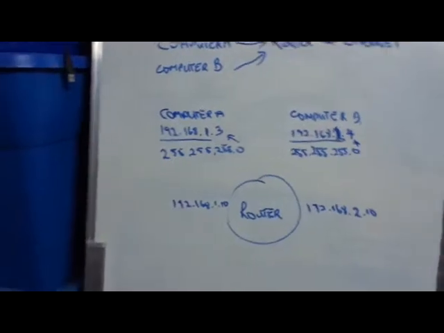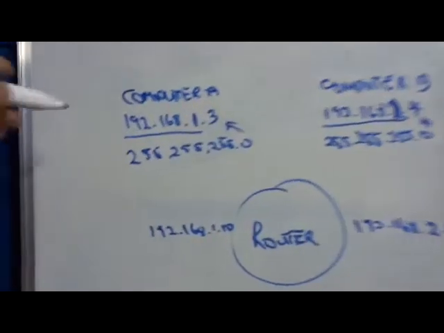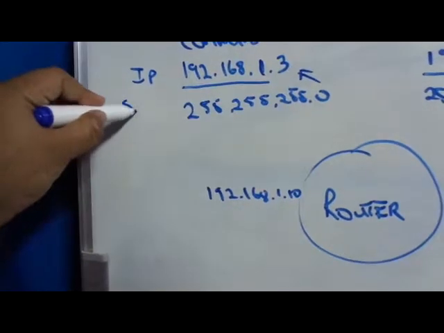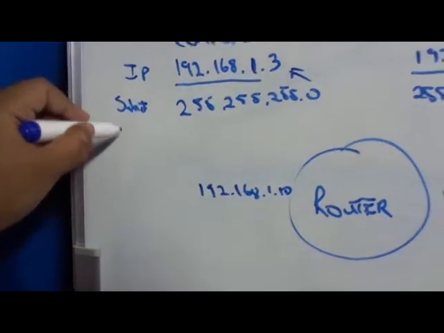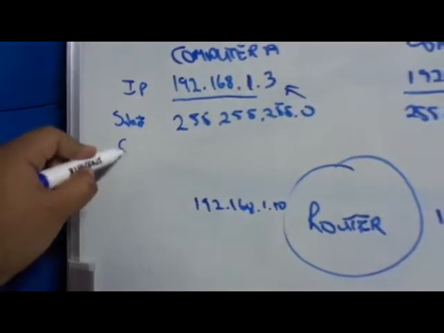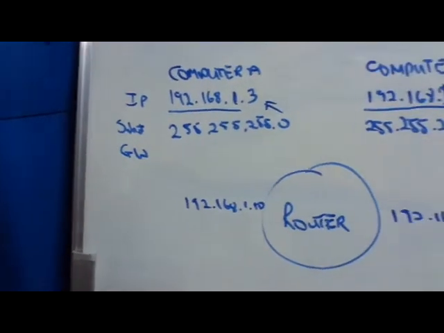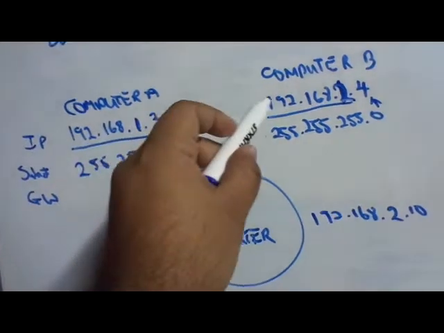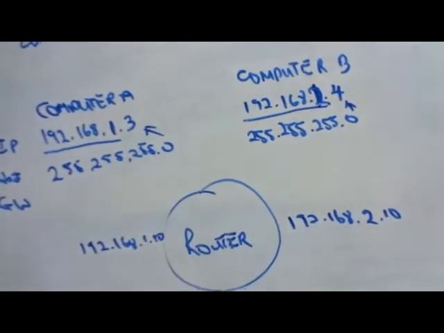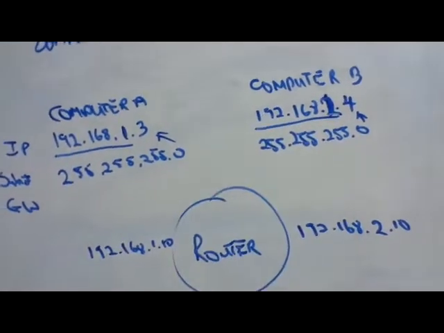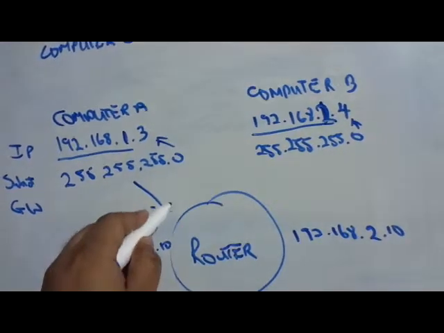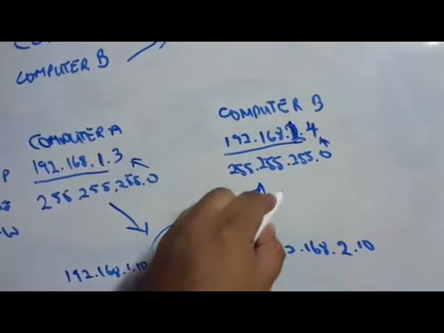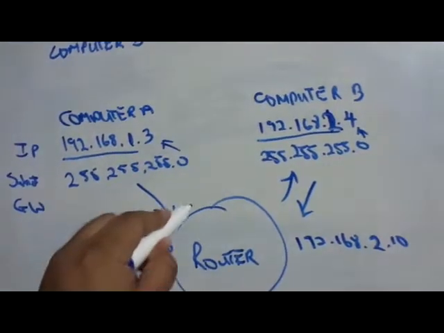Now, typically Windows asks you for these settings. This is your IP. This is your subnet mask. And then it also asks you for your gateway, and this is important. In order for computer A to communicate with computer B, it would need to pass through the router. So essentially this is what would happen, and of course the same way back.